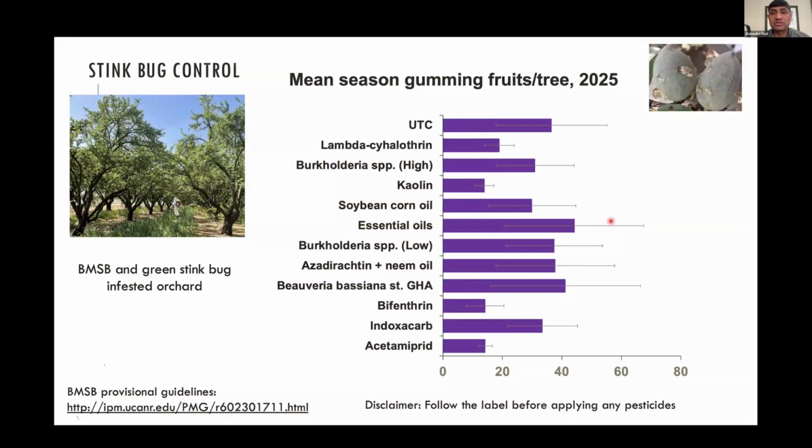Some of them show better results than the untreated control up here. On average, it's difficult to control the stink bug, I would say, but if you can apply some of these insecticides, it should probably help in reducing the population.